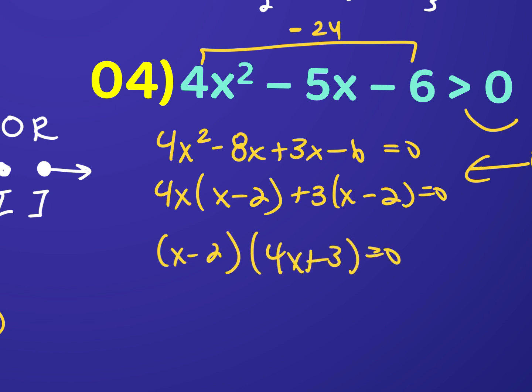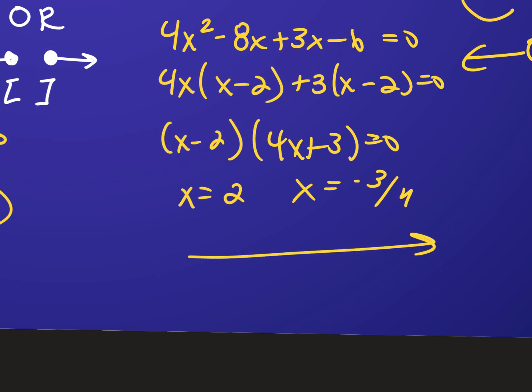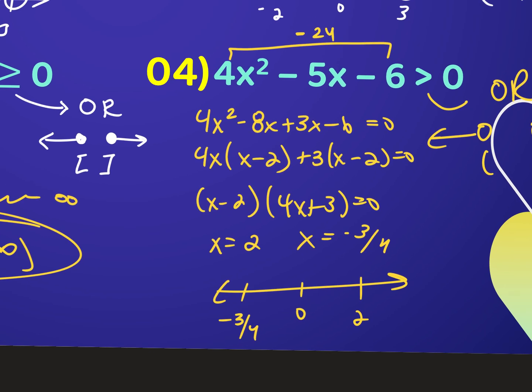So my two test points here are x equals 2 and x equals negative 3/4. So on a number line, negative 3/4 is to the left of 0, 2 is to the right. What did we say about our dots at those 2 points? Open or closed? Open. And this was an or statement, so we were going to shade which way? Left and right, correct?